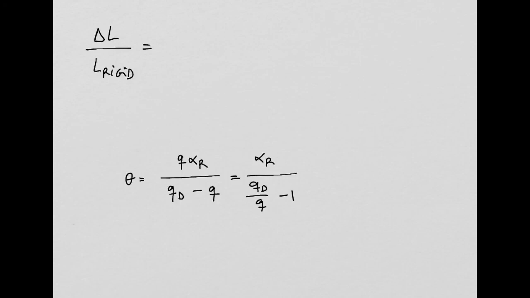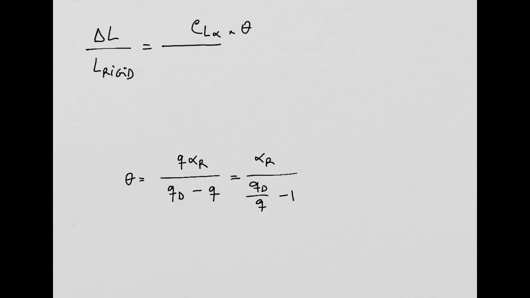So delta, variation in lift, is going to be the slope of our lift coefficient times our angle theta, changing lift due only to the deformation of the wing, and the lift. Of course, I can be more accurate.